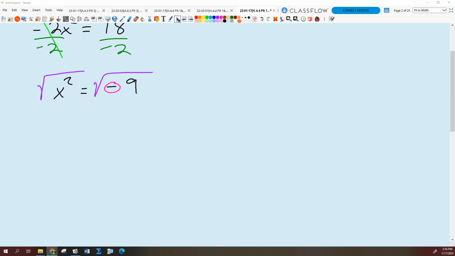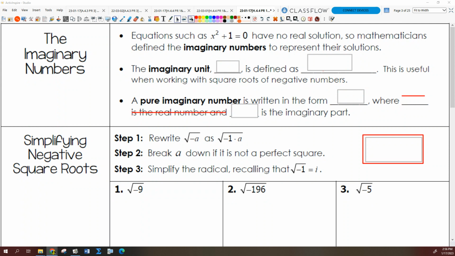So I think this is page 4 or 5 in your notes. We need to introduce a new type of number called an imaginary number. Equations such as x squared plus 1 equals 0 have no real solutions. So mathematicians defined the imaginary numbers to represent their solutions, right?